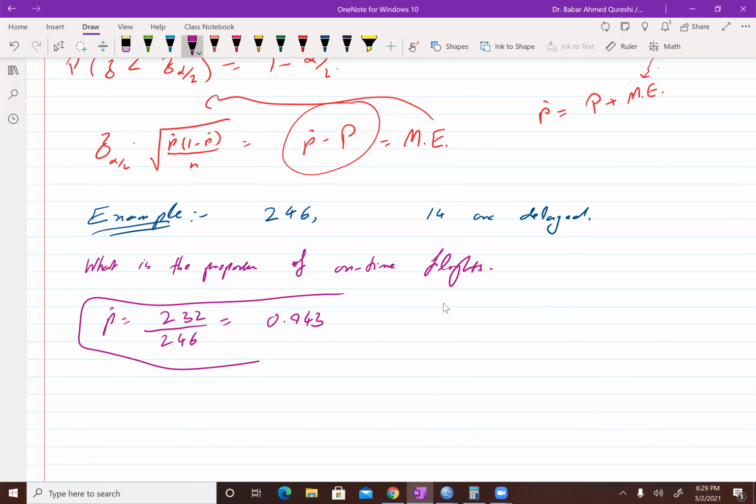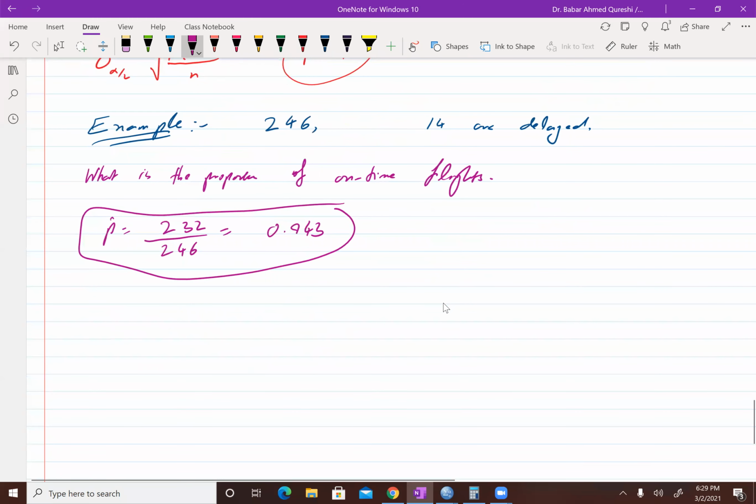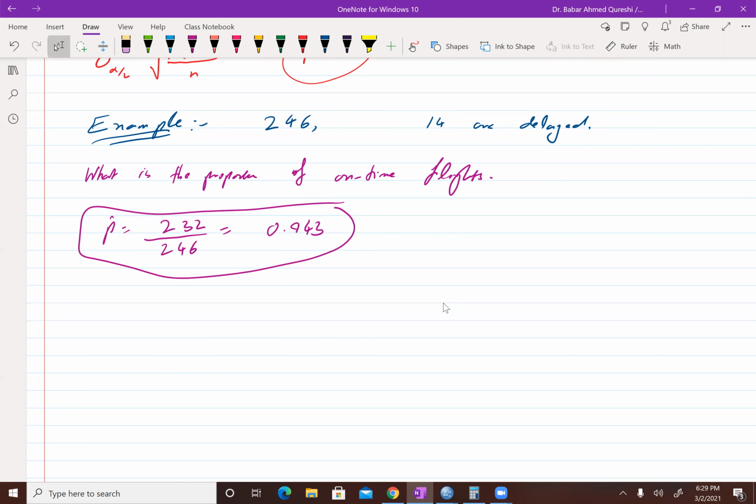But this is the proportion of the sample. They want to have an idea about the proportion of the whole operation over the years or over this year or whatever. So that is going to be different from this. This is just a point estimate. So with a certain confidence level, let's say they want to say 98% confidence level, just for a change, what is the population proportion?